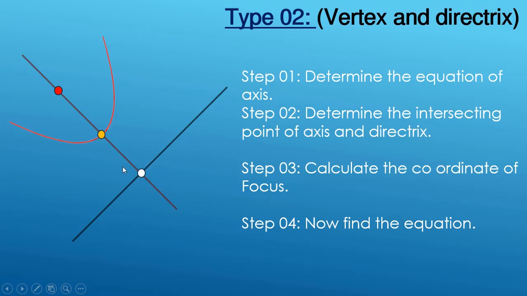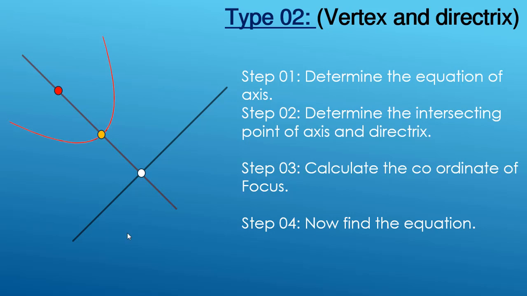So using the midpoint formula, we can find the coordinate of the focus. After knowing the focus, it is very easy. Like the previous problem, we know the equation of the directrix and the coordinate of the focus. You just have to take a point P(x, y) on the parabola, find the focal distance, find the perpendicular distance, say these two distances are equal, form the equation and simplify it.